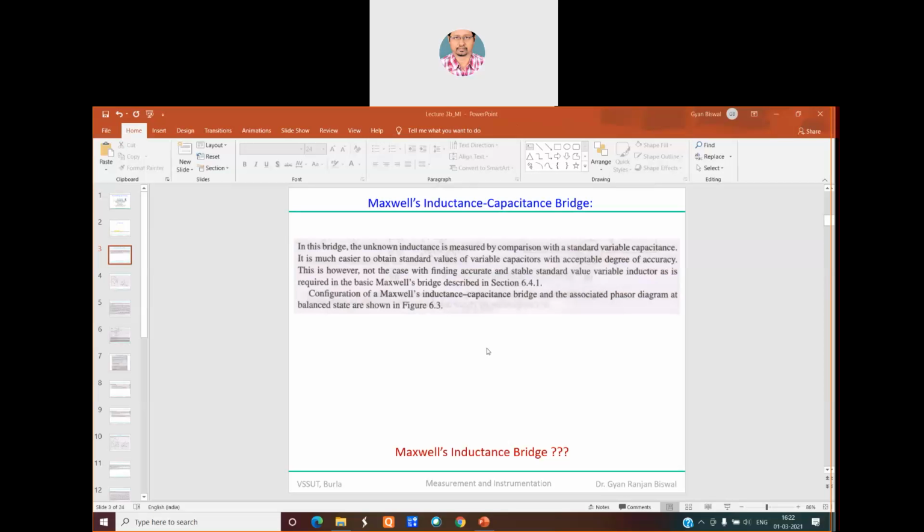Based on this, the bridge name is recognized as Maxwell's bridge, and the Maxwell bridge is primarily used for the measurement of unknown inductances. Clear? So how are we going to measure these unknown inductances? You can measure the unknown value of inductance by comparing it with the standard inductance. I am talking about Maxwell bridges.